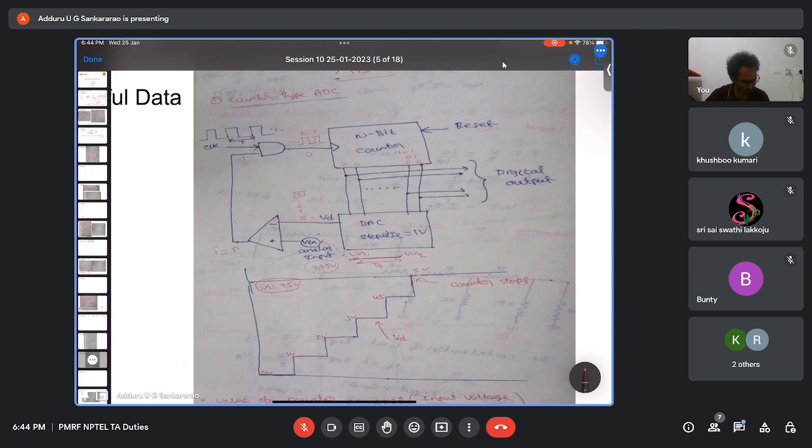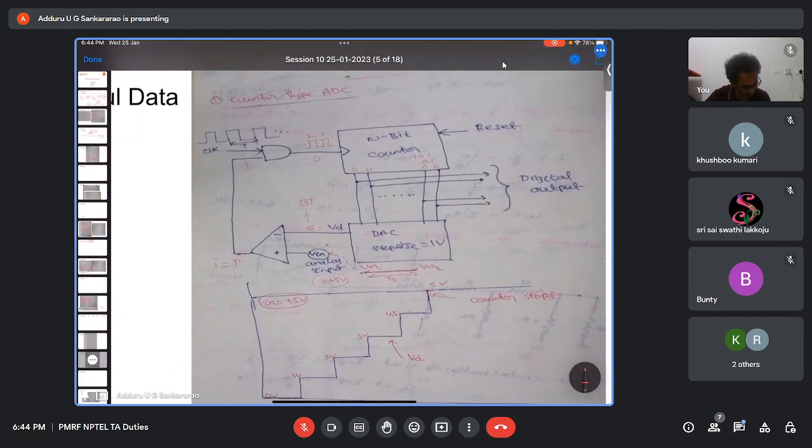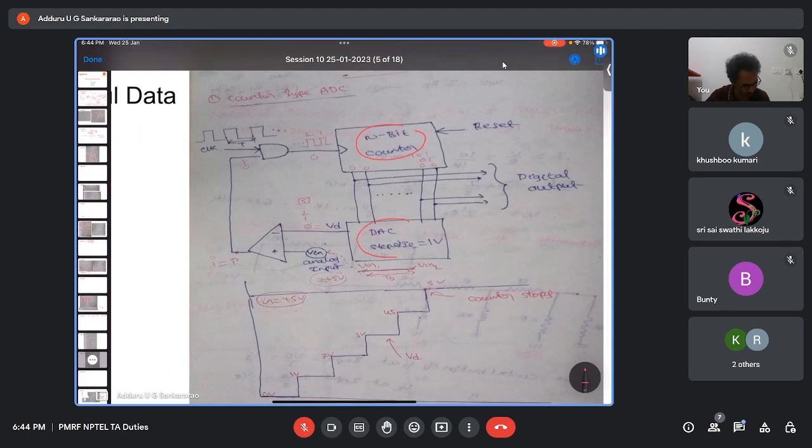The ADC has an n-bit counter, and if it is n-bit ADC, it will have an n-bit DAC also, and also a comparator and some logic circuit.